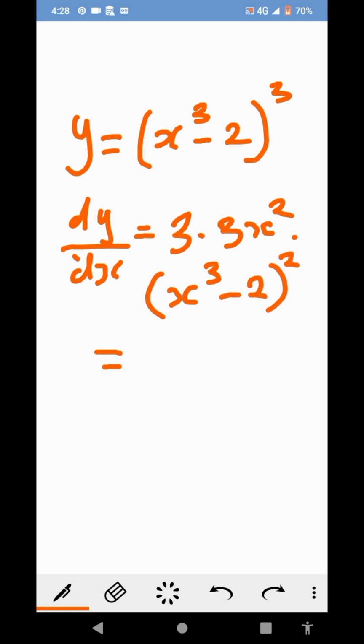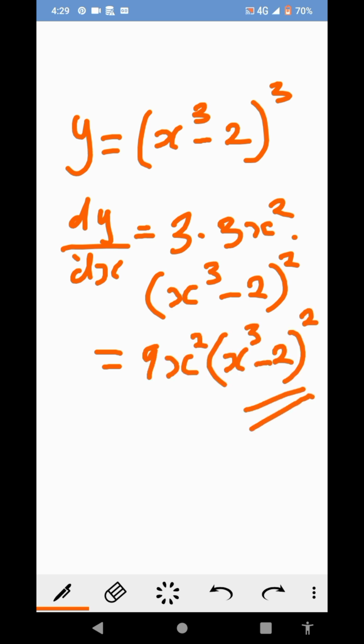So when you put all that together, you have 9x squared times (x cubed minus 2) squared, as you can see. So that's a shortcut. Bring down the power, differentiate what you have in the bracket, then reduce the power of the bracket by 1. That's all.